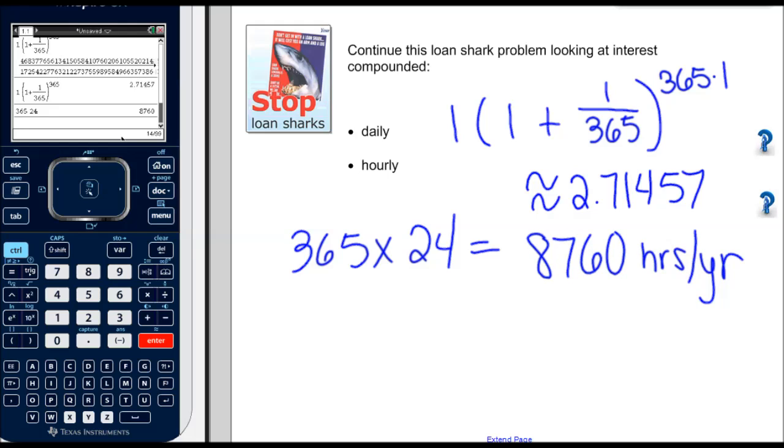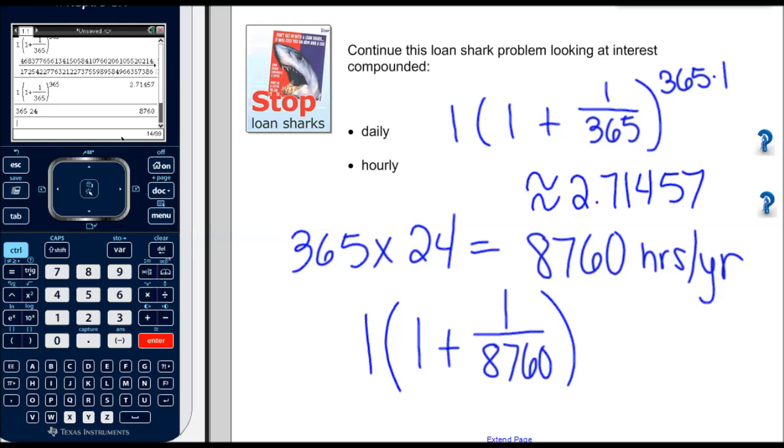Okay, so if we ask them, hey, can I pay it off every hour? We'll have our 1 franc times 1 plus our interest rate of 100% over 8,760. That's the number of chances we get to pay off this loan, because that's the number of hours in a year. And that number again times 1 year.